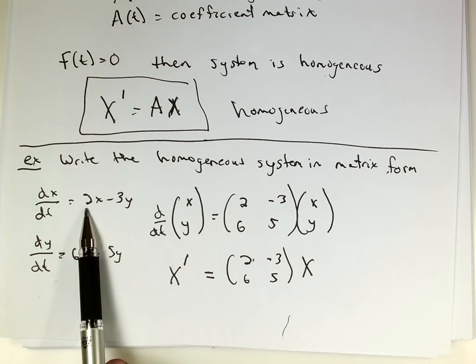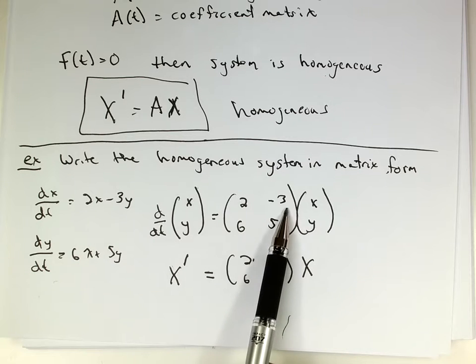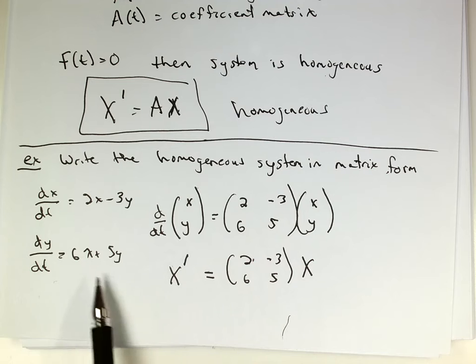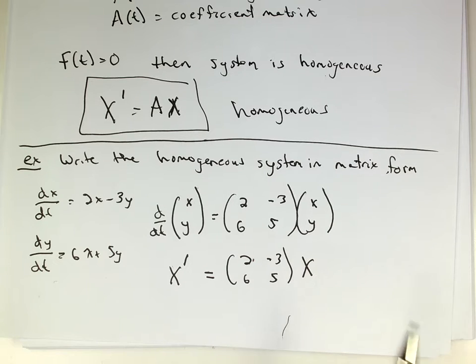The coefficient of x was 2 and of y was negative 3, so I have 2 and negative 3 for the first row. For the second, I had a coefficient of 6 for x and 5 for y. So x prime is that coefficient matrix times x, which is our column matrix.